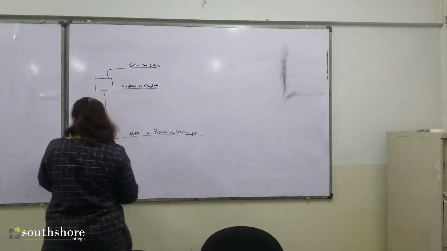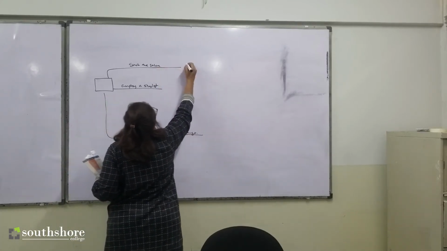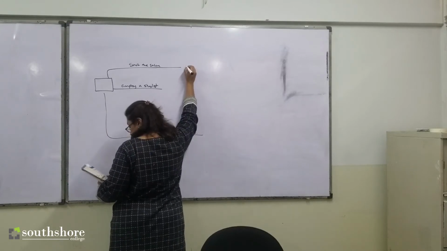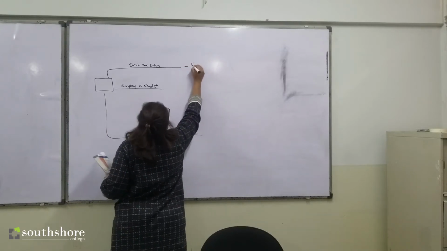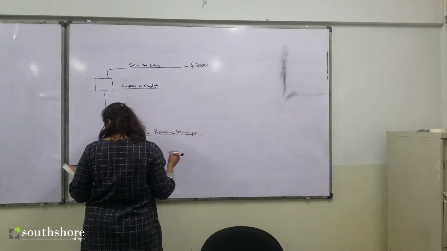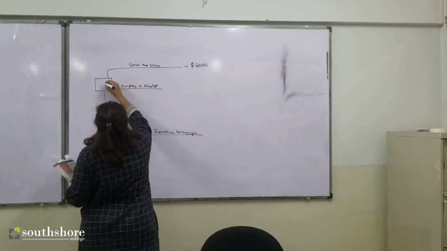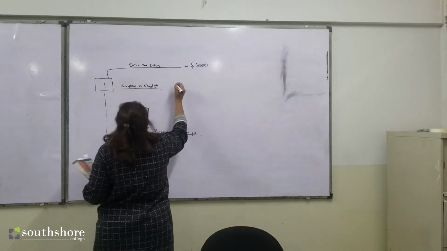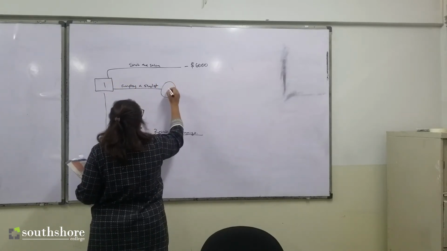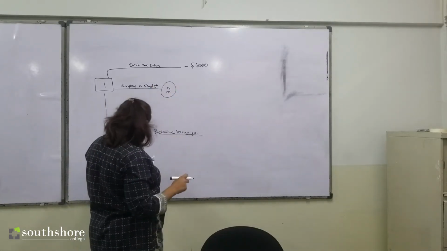Right? So, if they were to shut the salon, they would lose $6,000. So option 1 is shut the salon. Second is employ a stylist.